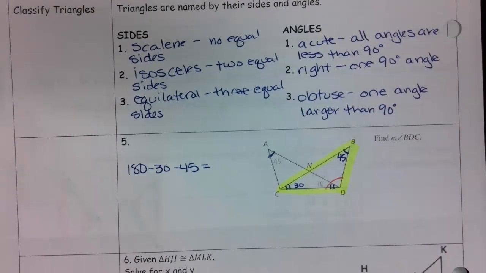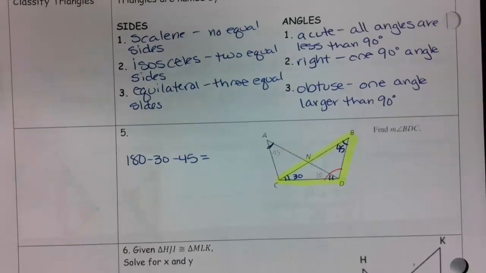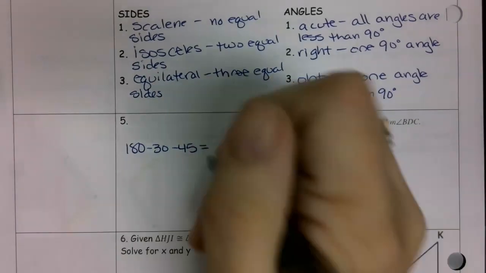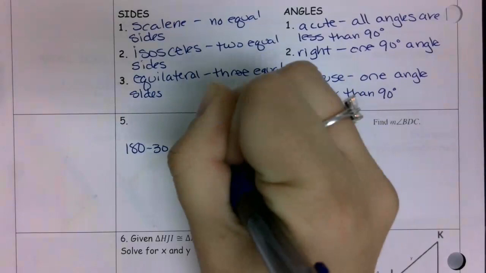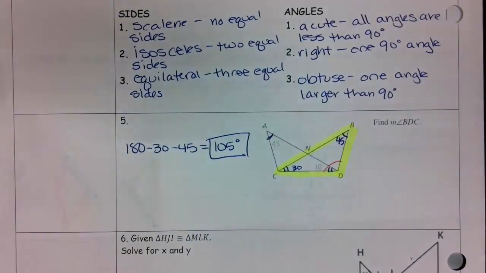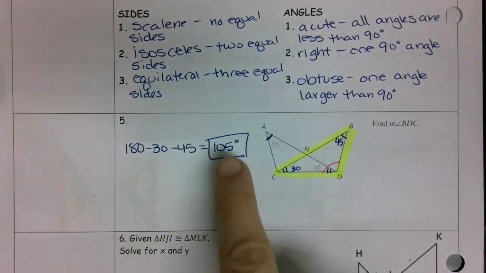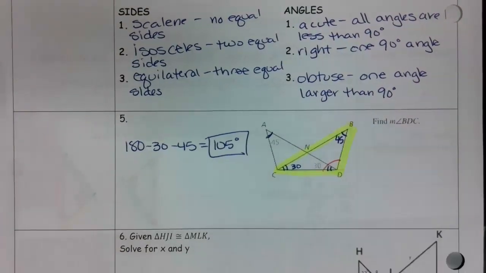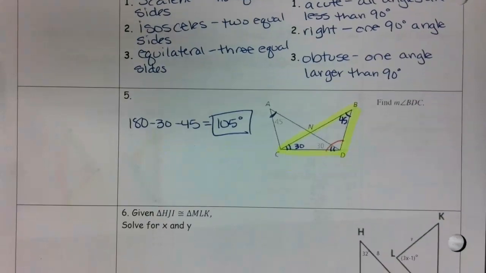So I want to subtract the 30 and subtract the 45. So it's 105 degrees. And this one gets the degree symbol because it had the M in front of the angle. If it's just asking for a letter, we typically don't write the degree symbol.